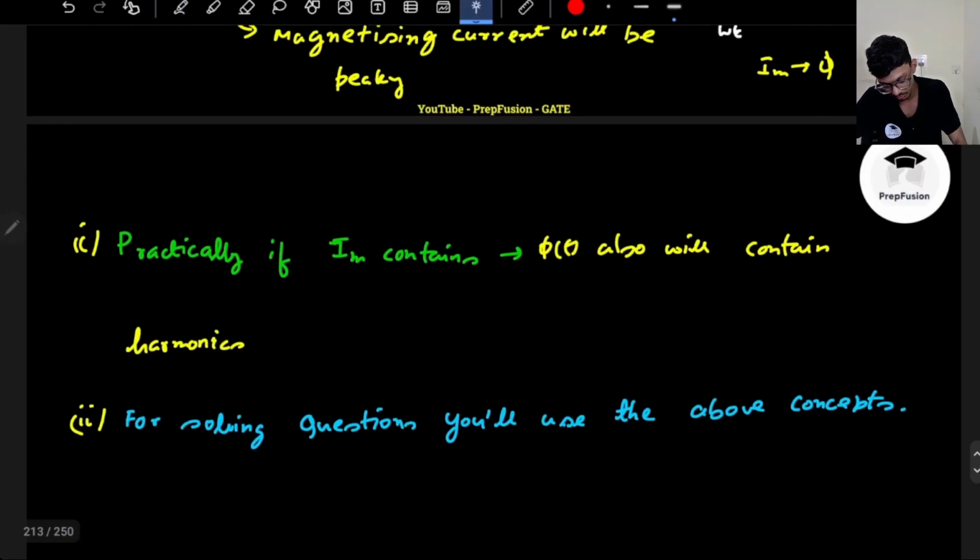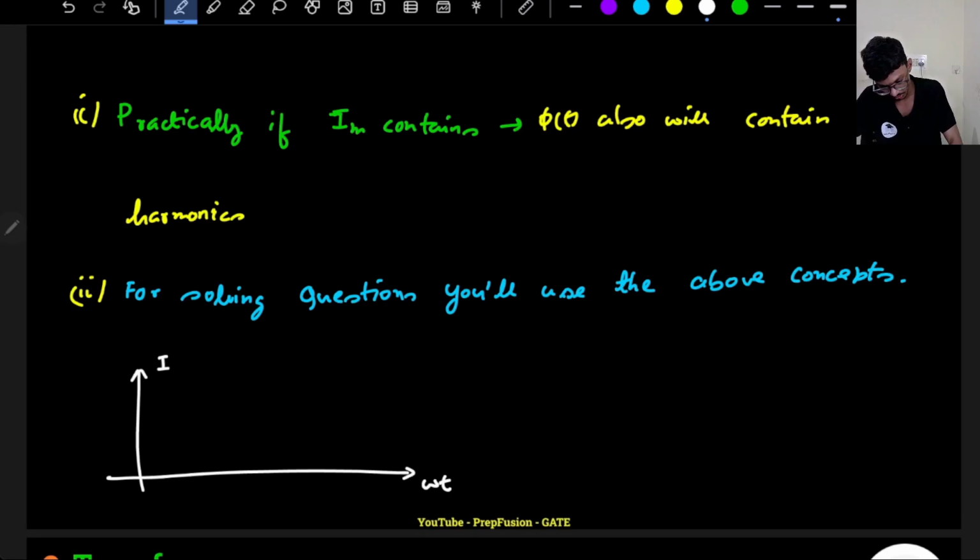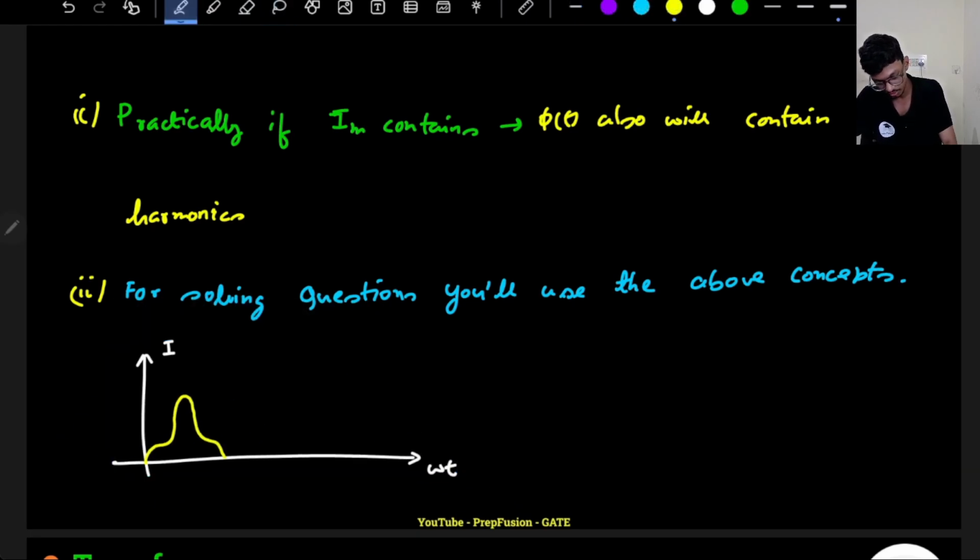So can I draw the current waveform and see what kind of harmonics it will contain? The current waveform is peaky in nature, like this. This is a combination of sinusoidals actually. So let's assume my sinusoidal is somewhat like this. What will be the other components?